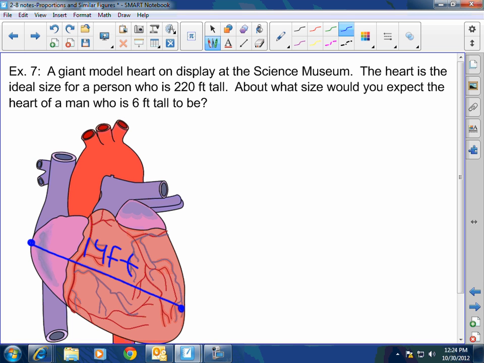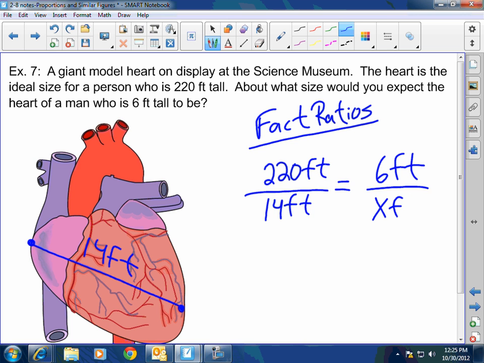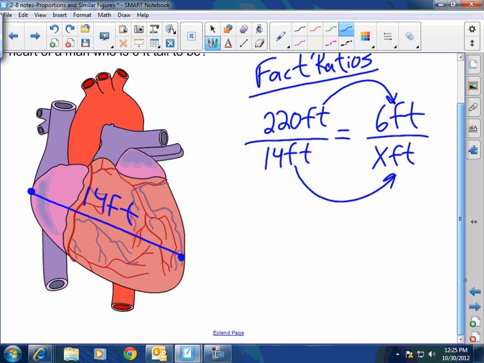What is the fact ratio here? Come on, loud and proud, guys. Perfect. 220 feet tall, 14-foot wide heart equals 6-foot tall man over X foot wide heart. Height to height, unit to unit, heart width to heart width, unit to unit. Does that make sense, my brothers?